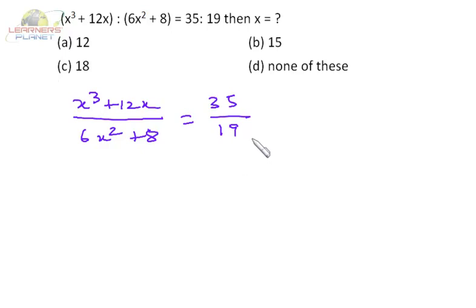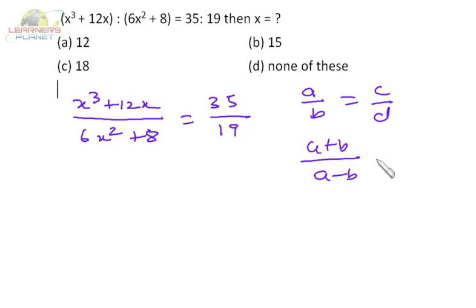Friends, in the previous question we have discussed the property of componendo and dividendo. That means if a by b is equal to c by d, then (a plus b) upon (a minus b) will be equal to (c plus d) upon (c minus d). The same property I am applying over here once again.